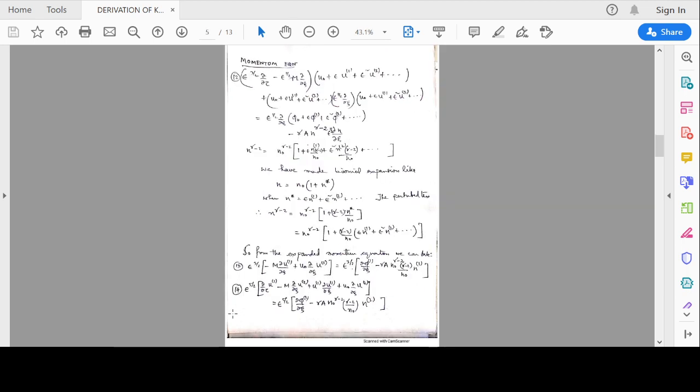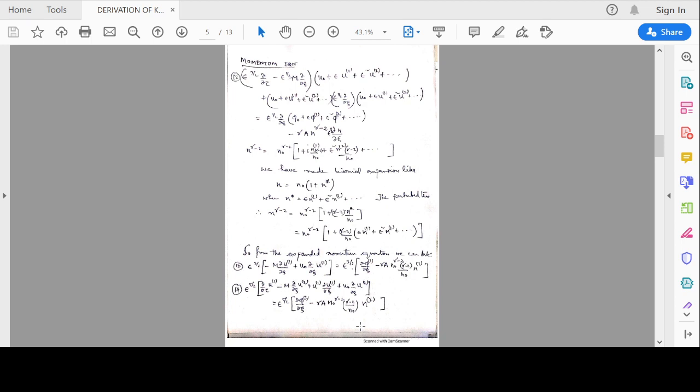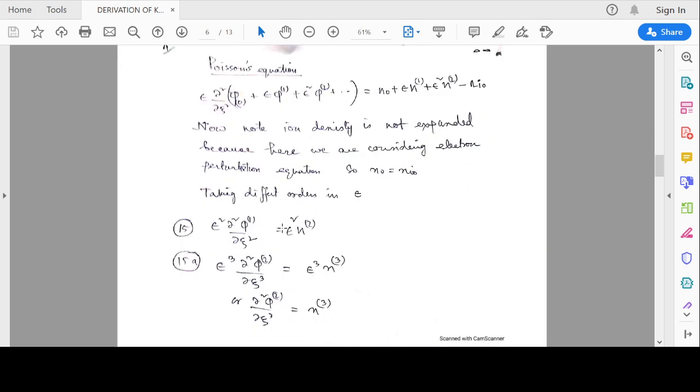Now you have from the momentum equation, from the continuity equation, you get this expression, and for the different orders of epsilon. For the momentum equation also you get these two. We have just told you how to simplify that nonlinear terms or the perturbed terms in case of density.